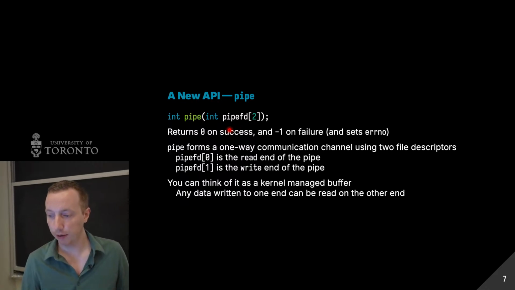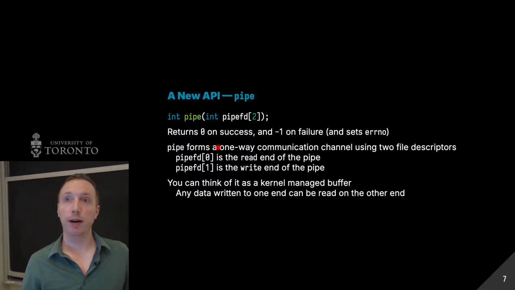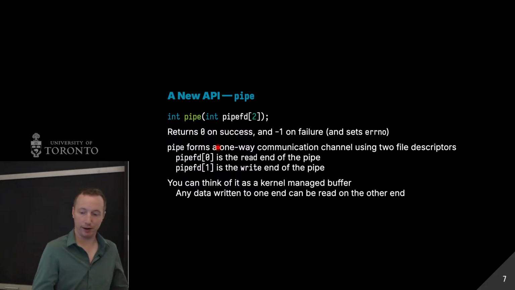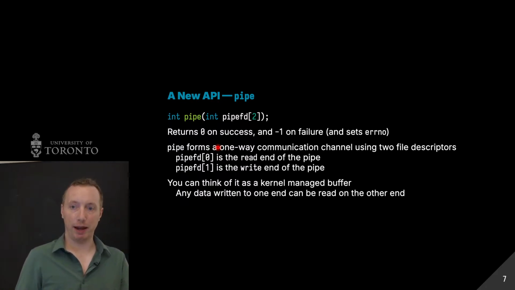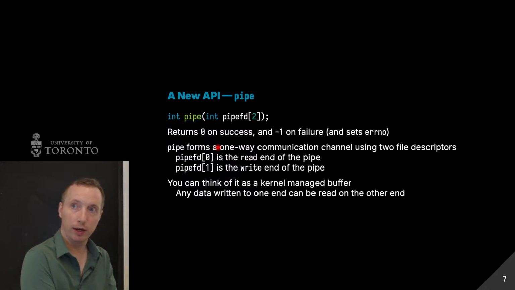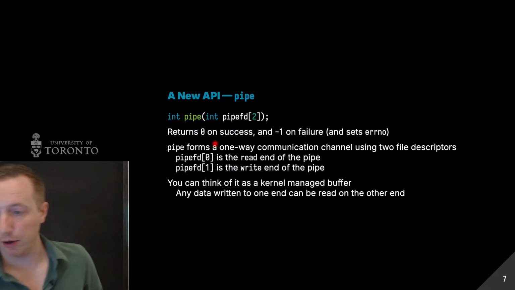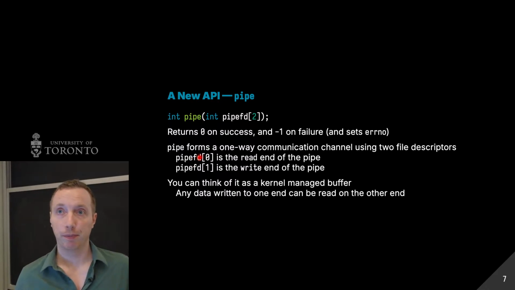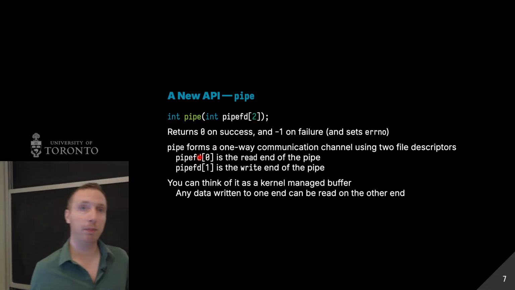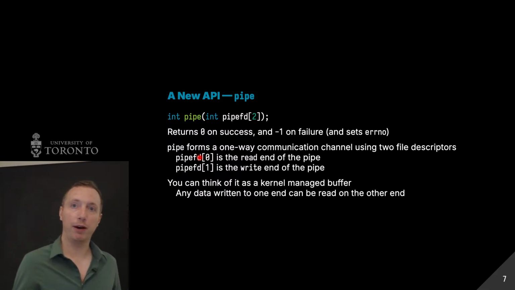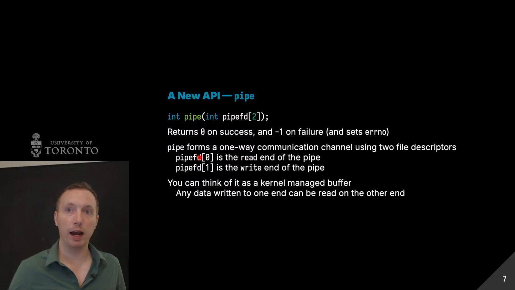And how it sets them is it creates a pipe. A pipe is basically a region of memory that the kernel controls that you can use the file descriptors to send data to and get data from. At index 0 is the read end of the pipe, so I'm allowed to use the read system call with that file descriptor to get data out of the pipe.